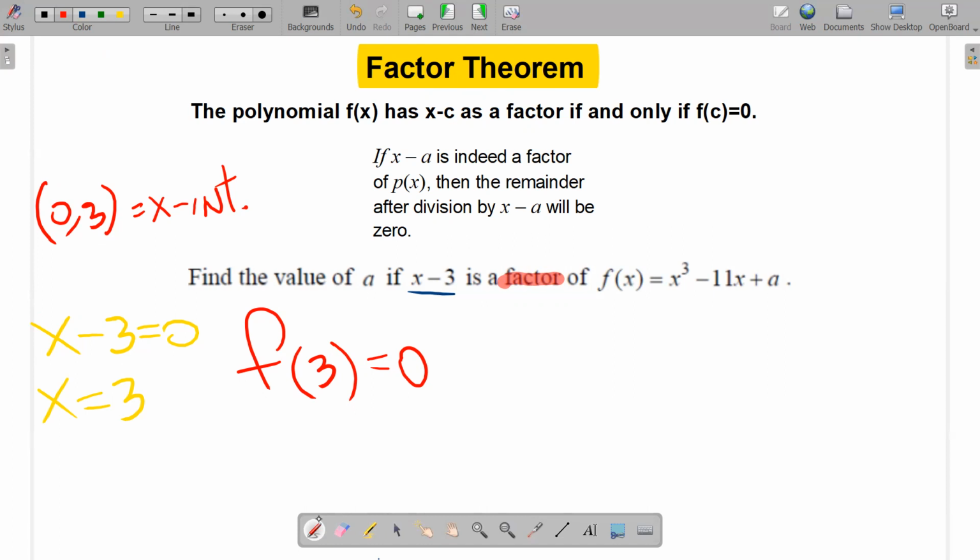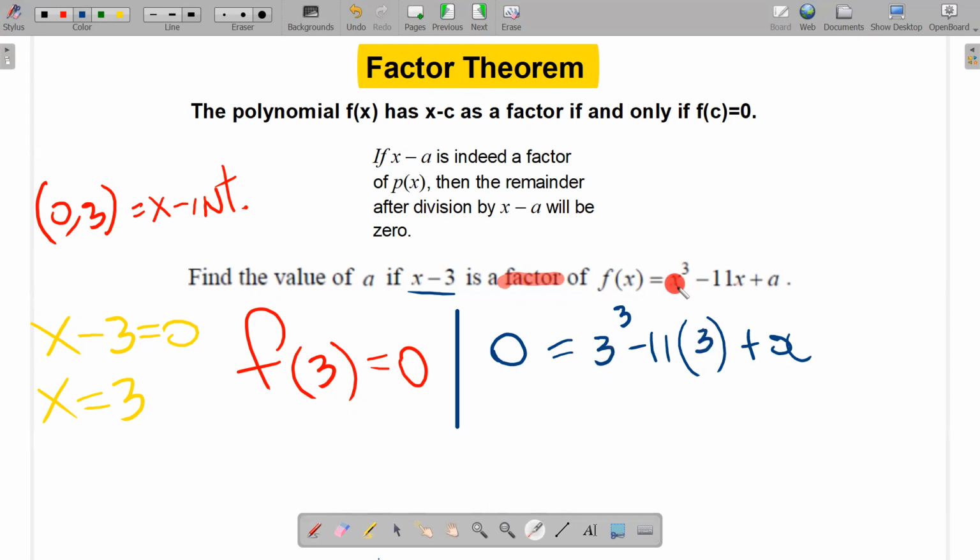But let's go back here. Since we know that whenever we place x equal to 3, we will get that f of x is equal to 0, now we can take back this function and say that 0 is equal to 3 to the power 3 minus 11 multiply 3 plus a. So basically what we're saying is that since we are placing here the value of 3 for x, f of 3 will be 0.